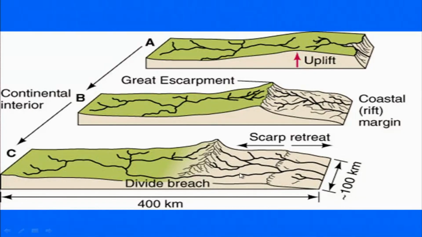So, this is an example where, because of divide breach, river capturing can take place and result in the extension of the drainage basin. So, this has also been termed as stream piracy.